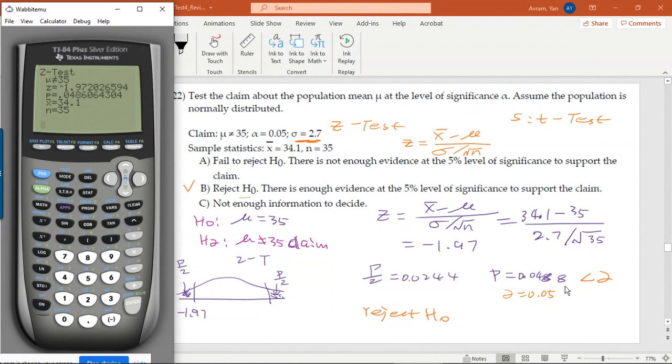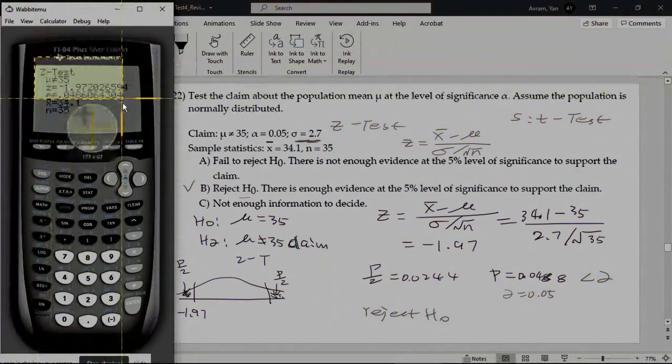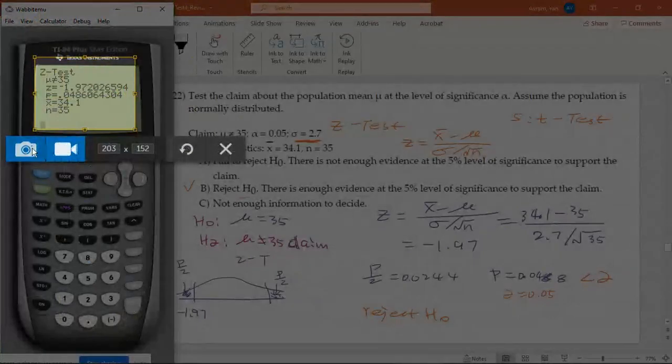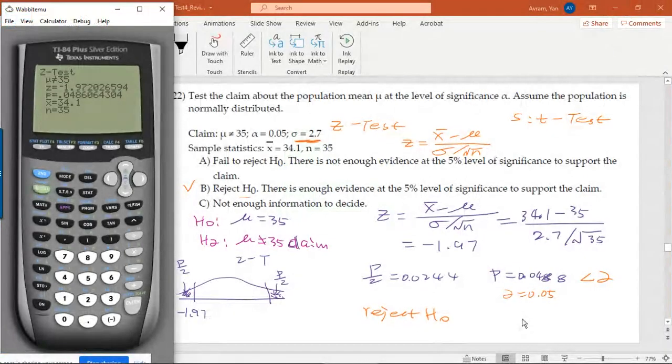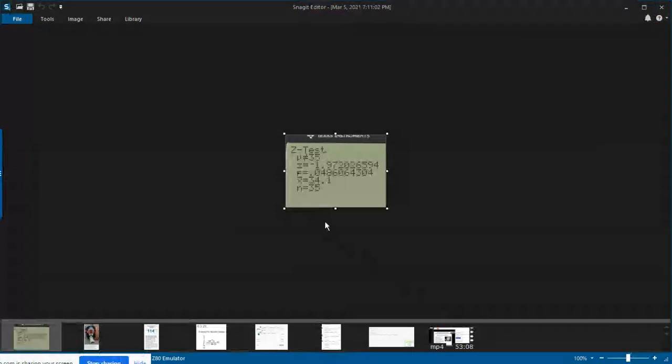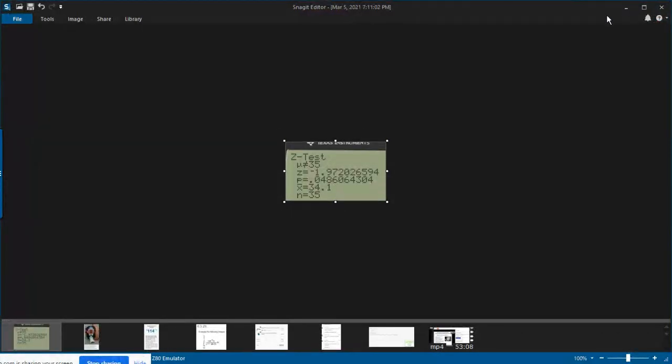So we have a Z-score right here. Look at that, I just have a Z-score of 1.97, and I also have a p-value. This is very similar to the one we just calculated by the formula.